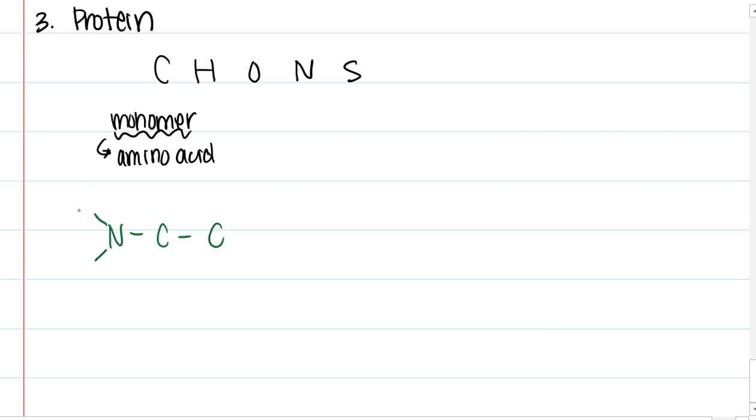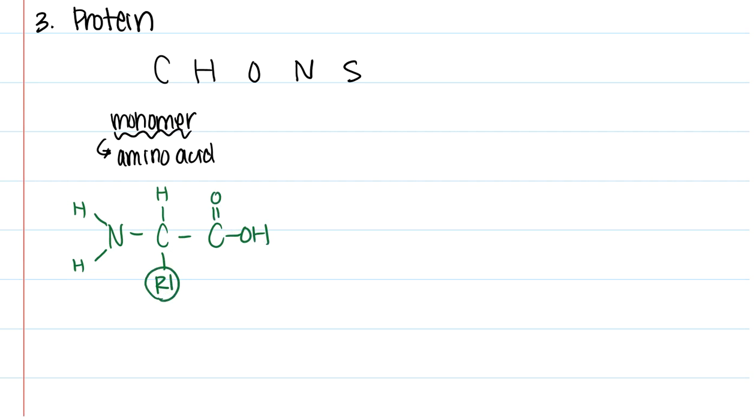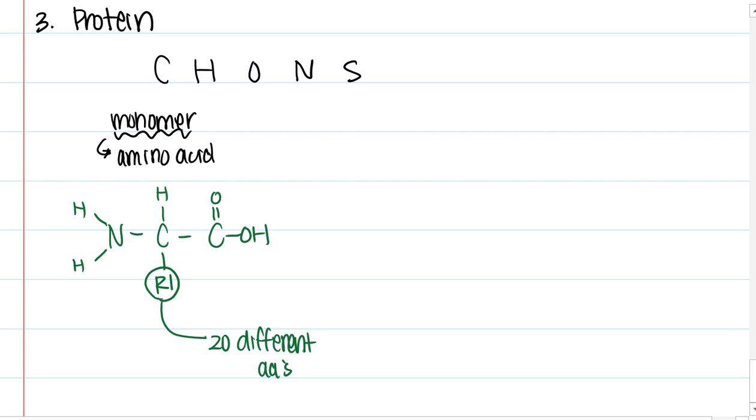Anyways, North Carolina College is composed of, on the N side, 2 hydrogens, on the central carbon, a hydrogen and an R group, and then a carboxyl end. Now understand that we have 20 different types of R groups, aka 20 different types of amino acids, okay?